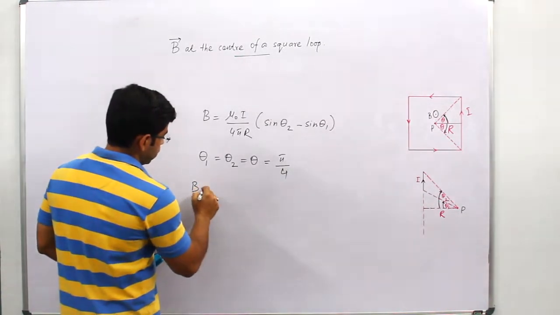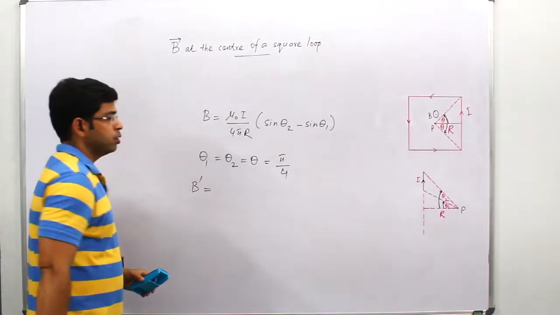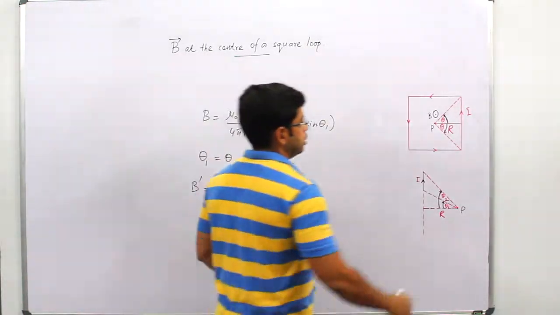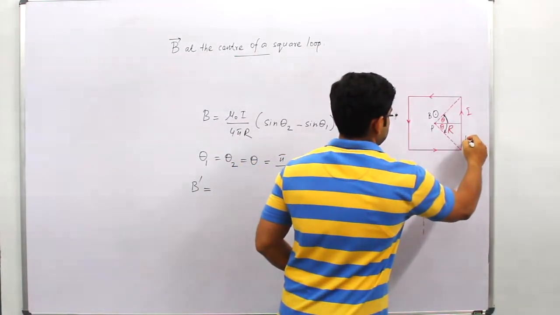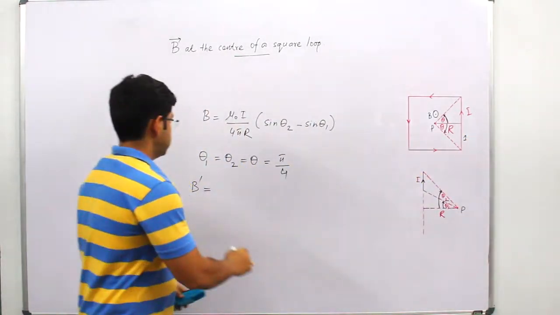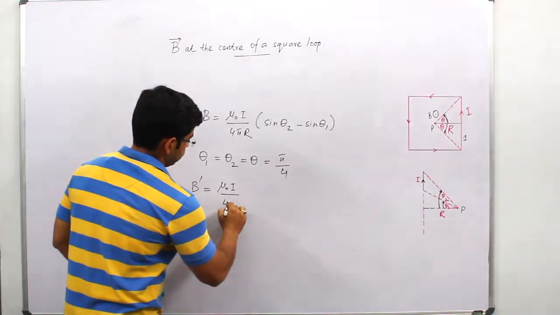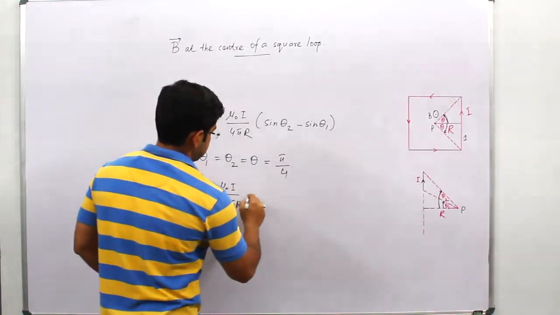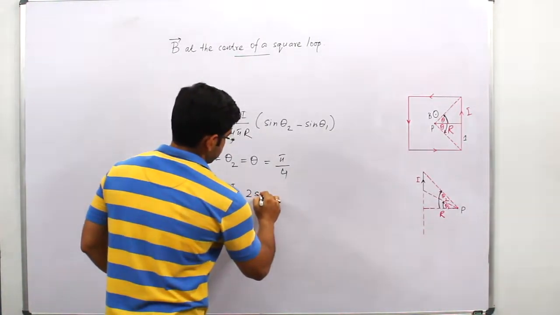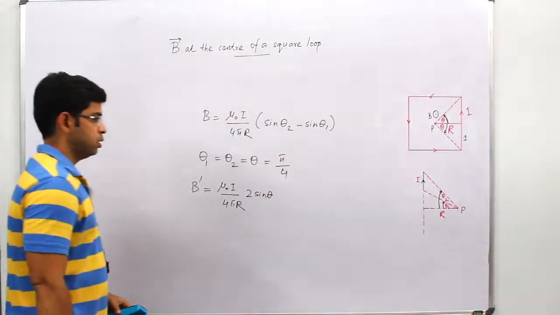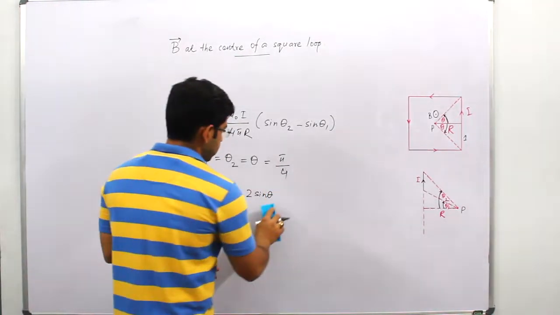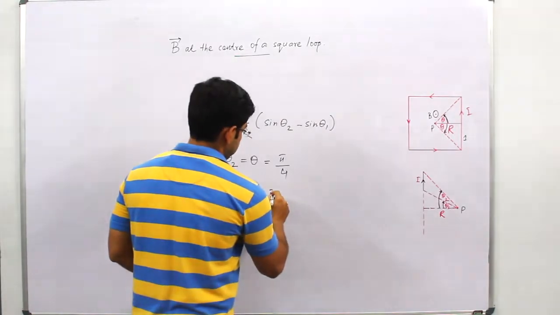So finally we will have B prime for, say, this arm as mu 0 I by 4 pi r times 2 sin theta, where sin theta will be simply sin pi by 4.